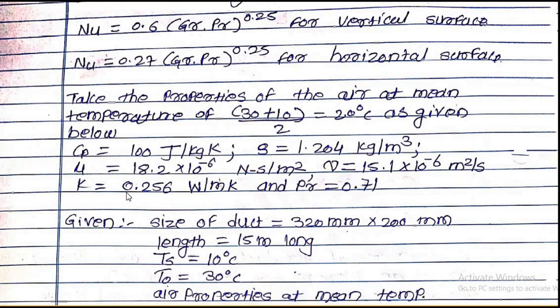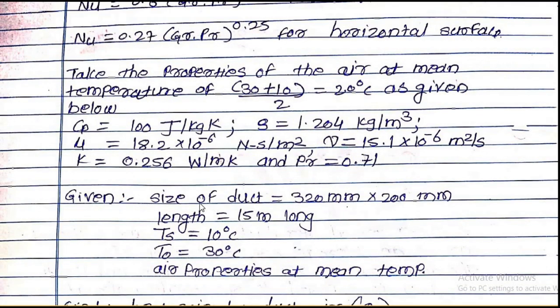These properties of the air at the mean temperature are already provided, so we should not go for the table. Now the given data from the statement: size of duct is 320 mm multiplied by 200 mm, the cross sectional area of the duct, and the length of the duct is 15 meter. The surface temperature of the duct will be considered as the air temperature flowing through the duct, equal to 10 degrees Celsius.